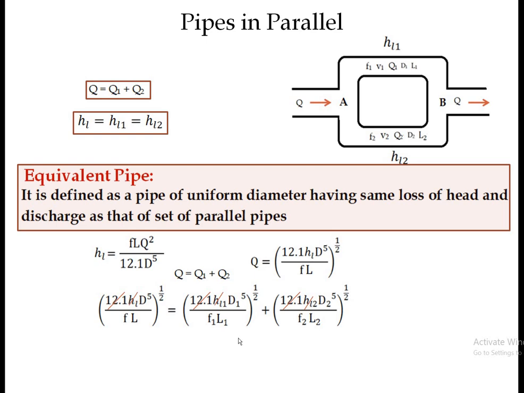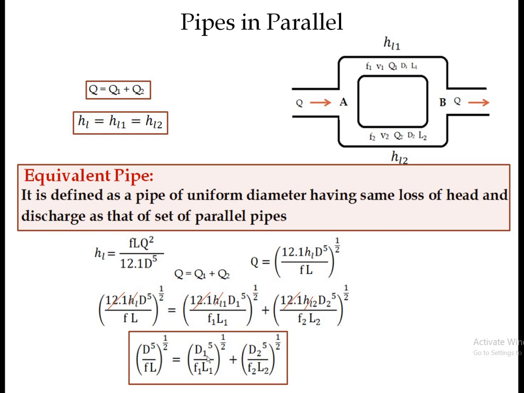So this also gets cancelled, and finally we get one equation: D raised to 5 divided by FL, raised to 1 by 2, equals D1 raised to 5 divided by F1L1, raised to 1 by 2, plus D2 raised to 5 divided by F2L2, raised to 1 by 2.